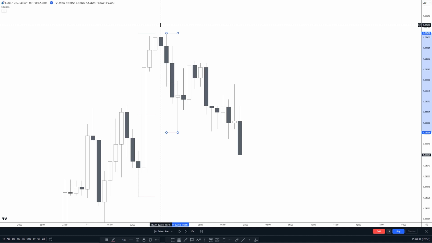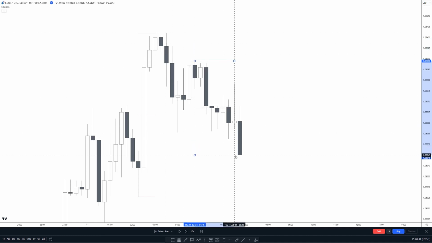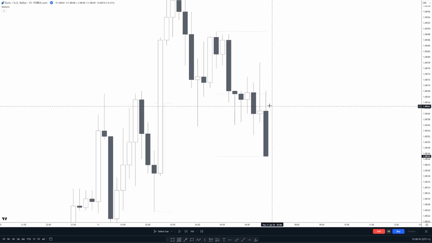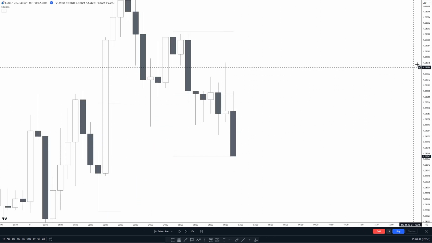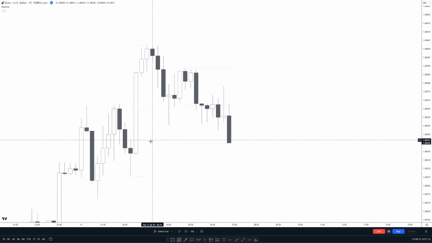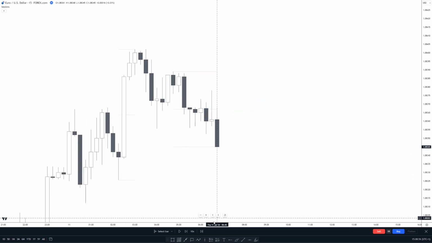So this has been cleared, and now the current potential one would be like this. I again would need price to cement a low before getting involved in any shorts here. So it's looking like it's coming down to give potential longs from this area.